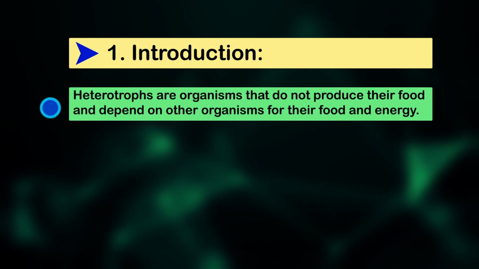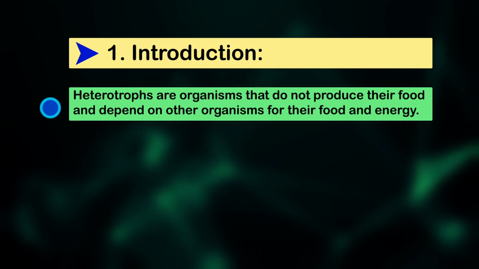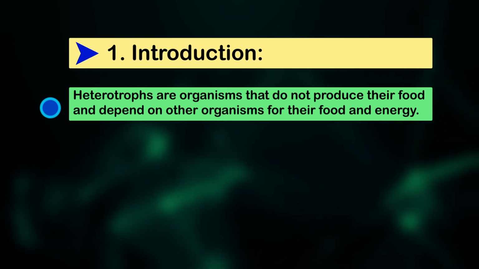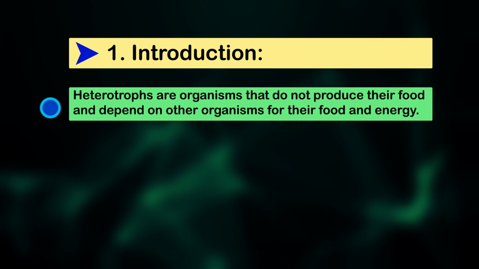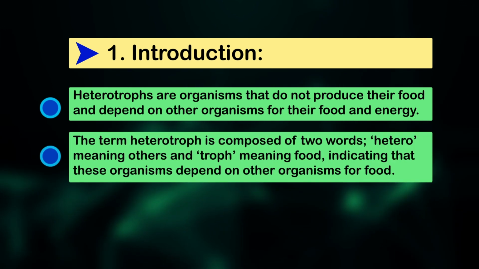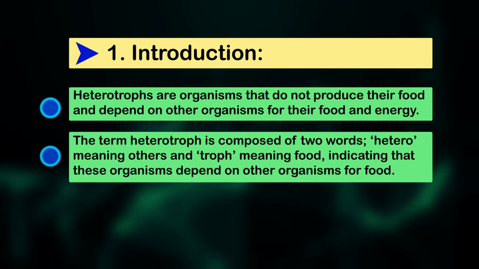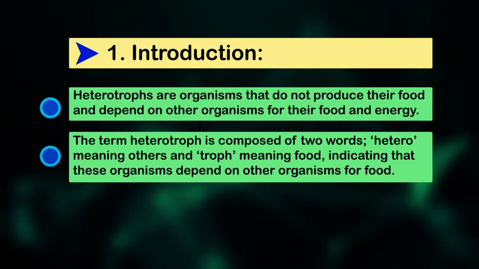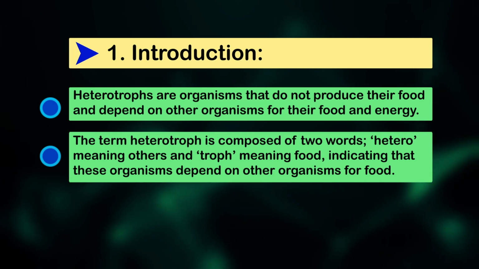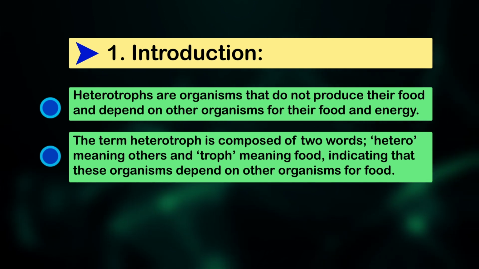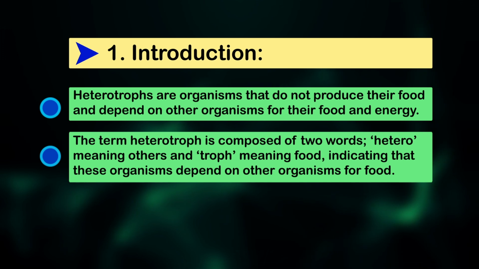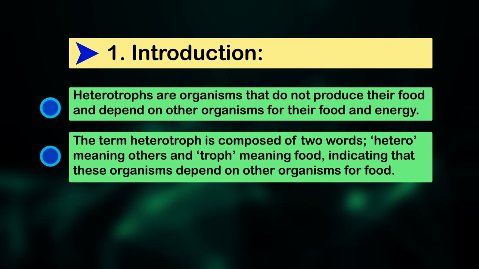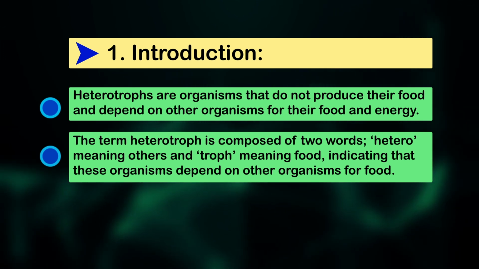So, students, you all know that heterotrophs are organisms that do not produce their food and depend on other organisms for their food and energy. The term heterotroph is actually composed of two words. One is hetero, which means others, and troph means food, indicating that these organisms depend on other organisms for their food and survival.